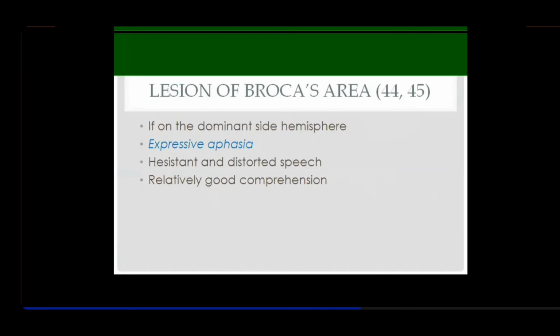Expressive aphasia means he has good comprehension, he is good at understanding visual and auditory commands. If you ask him what is your name, he will understand what you are asking him. That's an auditory command.